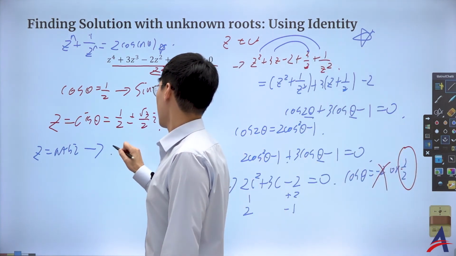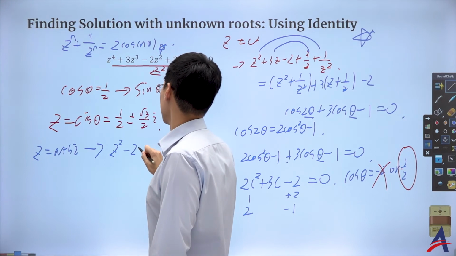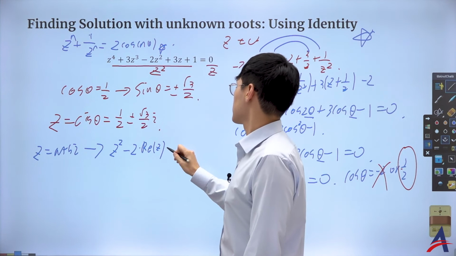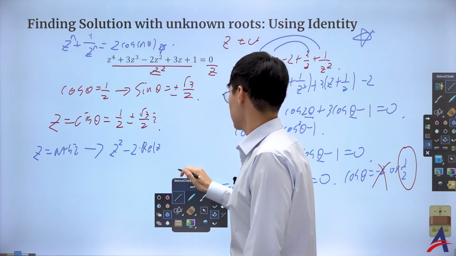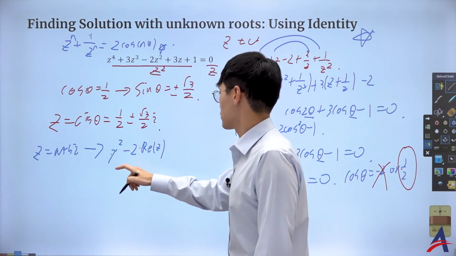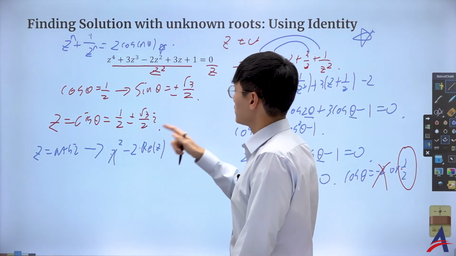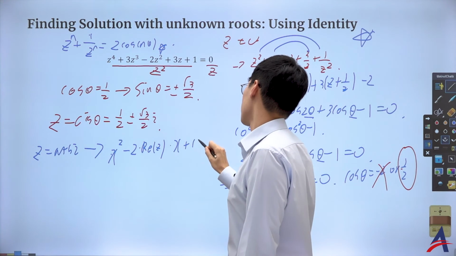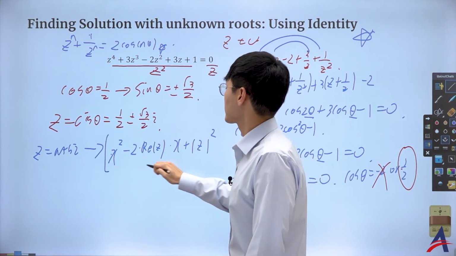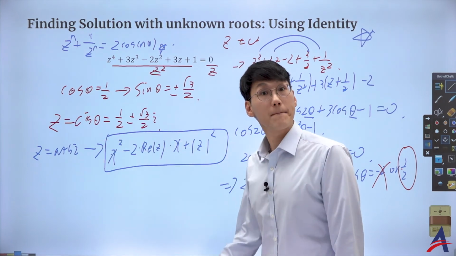So it's going to be z squared minus 2 times the real part of z, so it's going to be negative 2a. Oops, sorry, let me use x here just to distinguish the root and the variable. x plus the modulus of z squared. I want you to always realize that this is the quadratic factor if I was given a complex root.